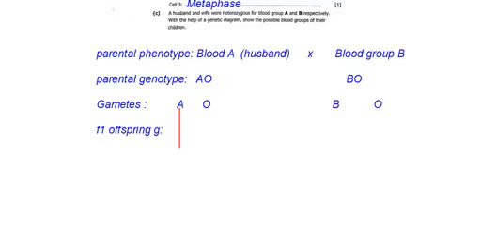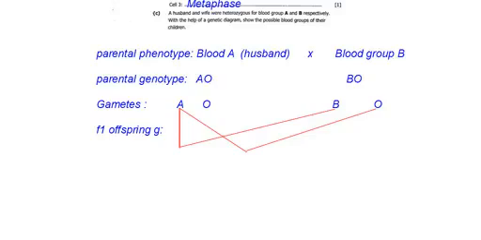So this A is going to be crossed with B there, not so. Then same A, this one is going to be crossed with this O right here. So I do hope that you are following.